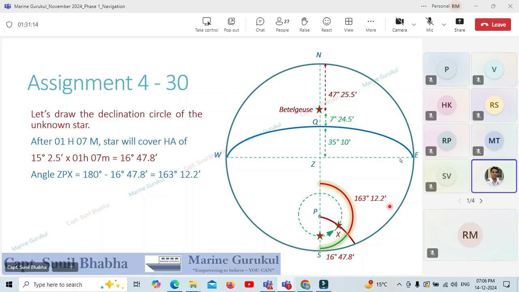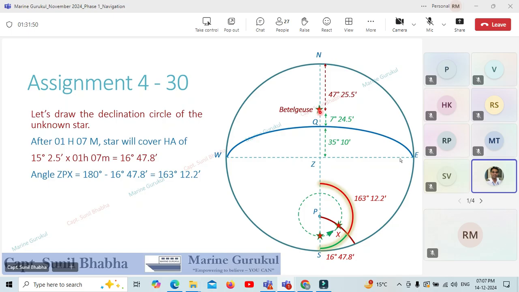Now if you look carefully in the diagram, this is the pole and this is star Betelgeuse. PZQN is the celestial meridian of star Betelgeuse, and the celestial meridian of the unknown star is PX. Now if you look carefully, this unknown star is 163 degrees 12.2 minutes east of Betelgeuse.